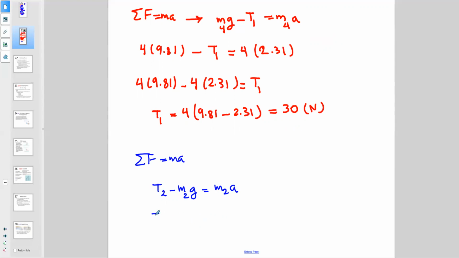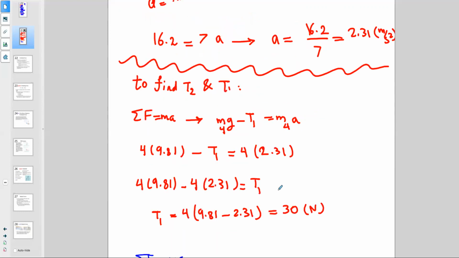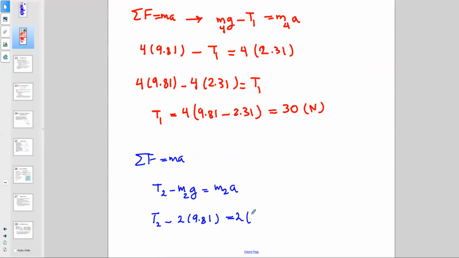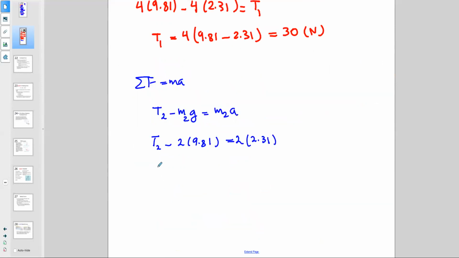Why are we writing them again? So T2 minus M2, which is 2 kilograms, G is 9.81, equals M2, which is 2 kilograms, A is 2.31 here, right? 2.31.